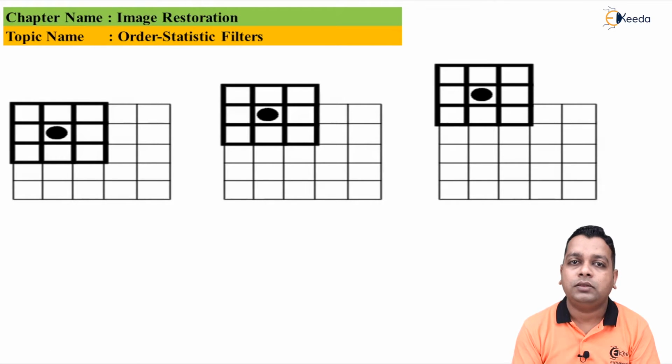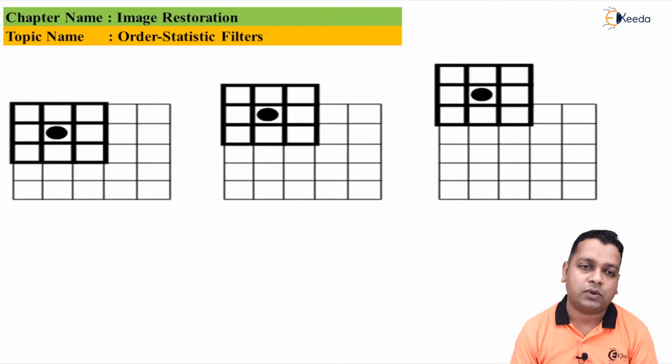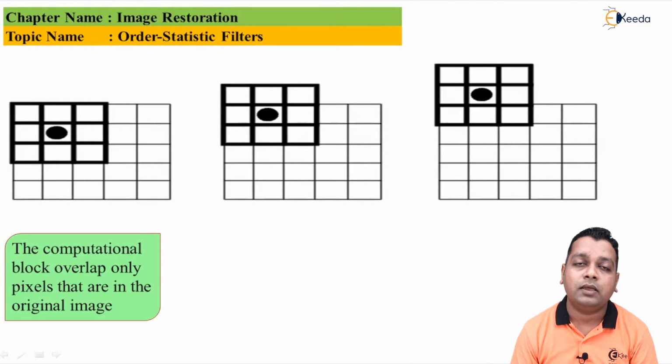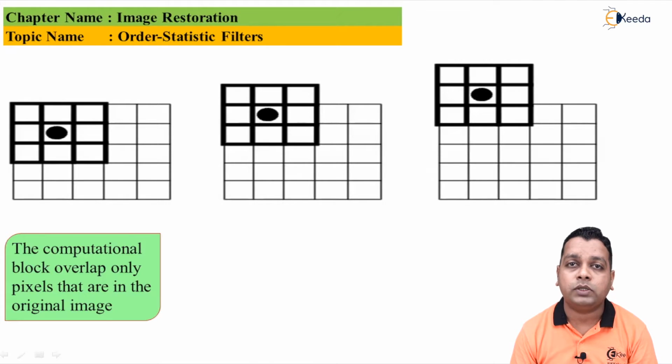Now there are three different kinds of situations while we can apply such a median with respect to the neighborhood. In the first case, you can see here that the filter mask is completely inside the image segment. The origin is also of course inside the image segment. The computational block overlaps only the pixels that are a part of the original image segment. In the previous case, all is okay.